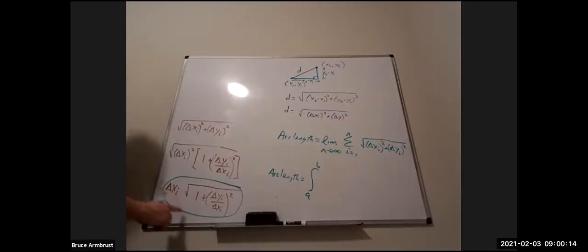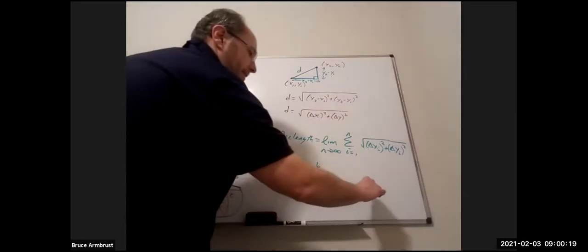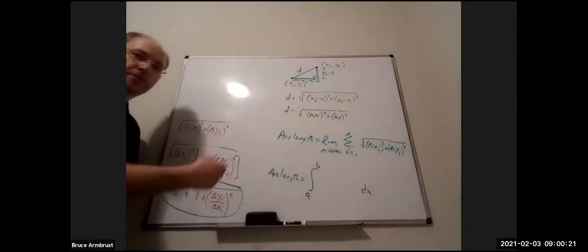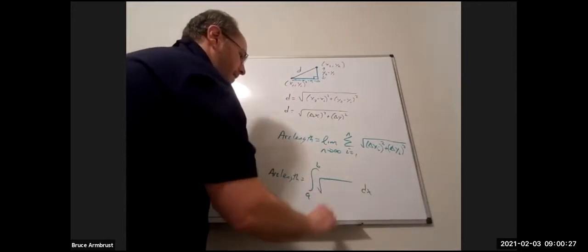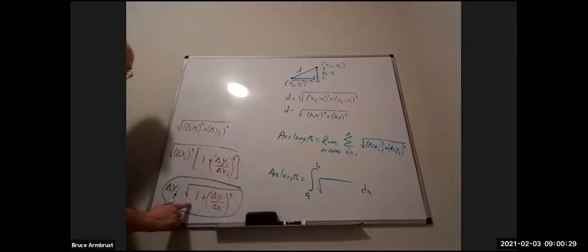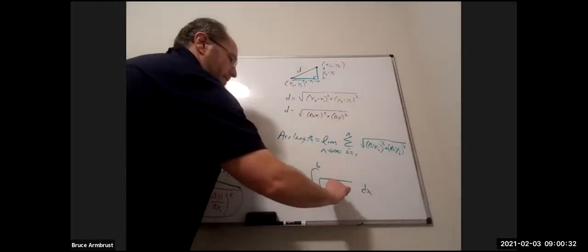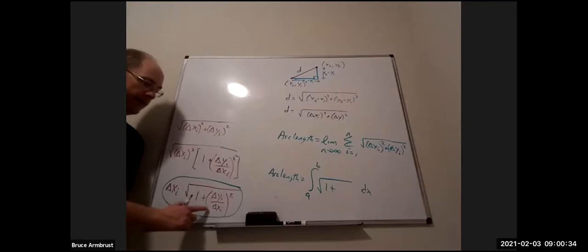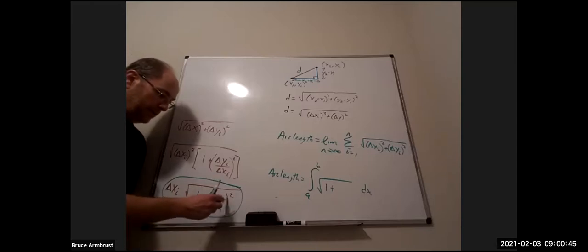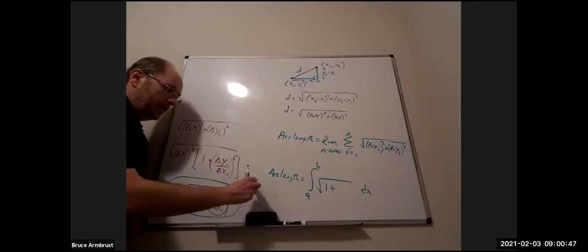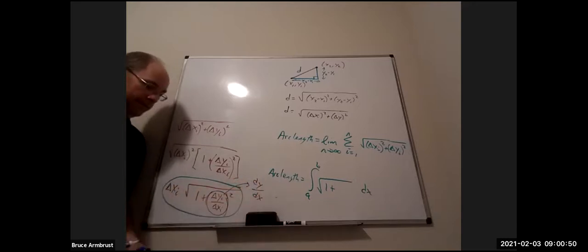But look at what happens to this. The delta xi becomes a dx. I'm going to put it at the end here because that's what we normally do with integrals. And then I'm going to have a square root. In that square root, I've got a 1 plus, and think about what happens to this. The delta y and the delta x both become differentials, and so this turns into dy over dx.